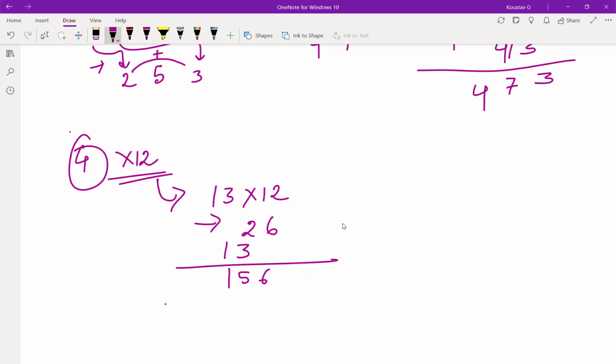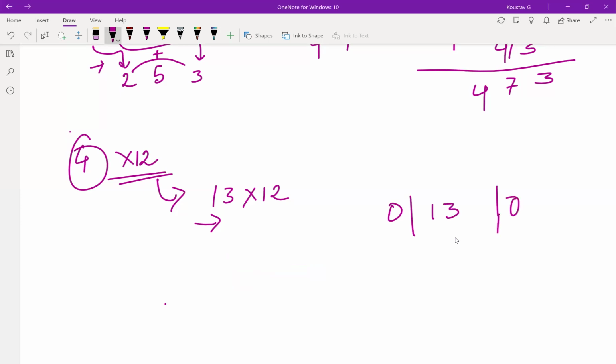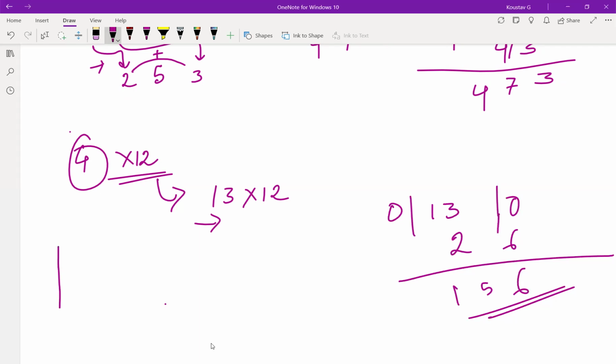Or otherwise, first just consider 0, 1, 3, then 0, and then multiply it by 2. So this is 26, and this is nothing but the general normal approach. It is according to you; you can multiply it by something.